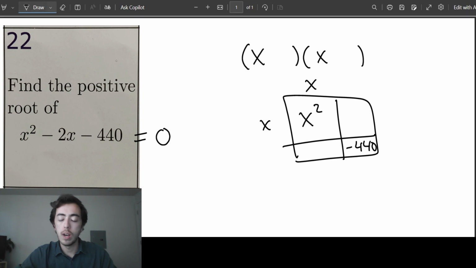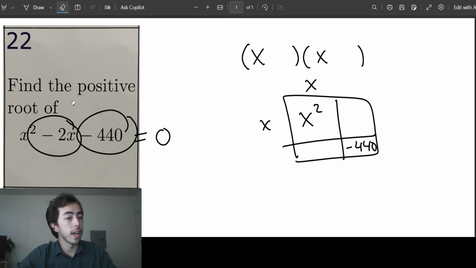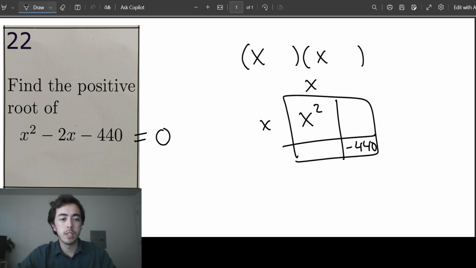And I usually like to think about factors of this 440. I like to think about the multiplying number first before I think about the adding one. Just because if we think about what two numbers add to negative 2, there's an infinite list. I could do 0 and negative 2. I could do negative 1 and negative 1.